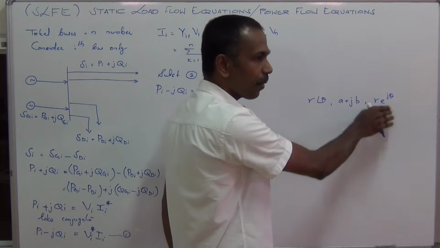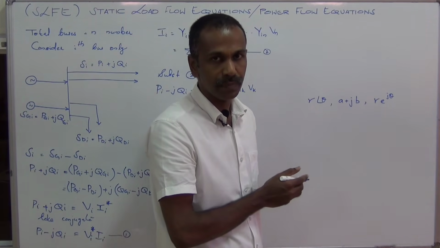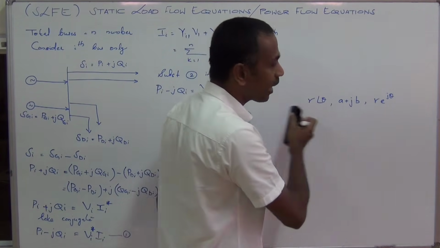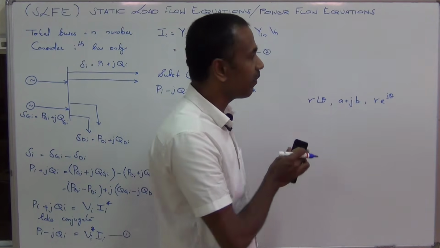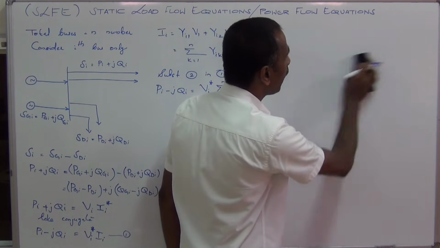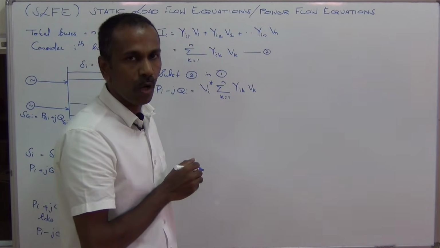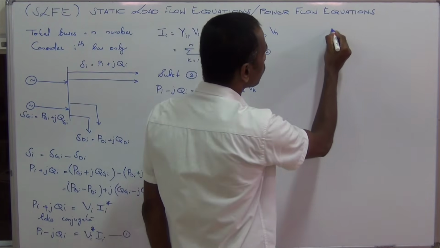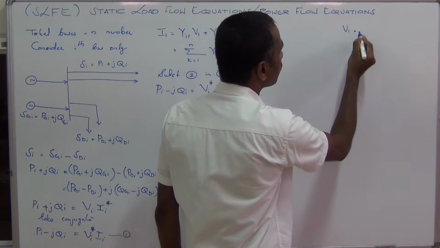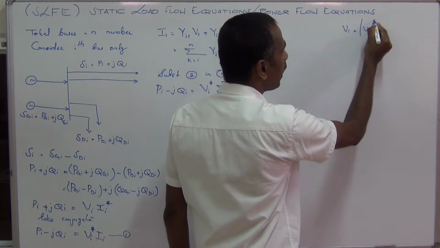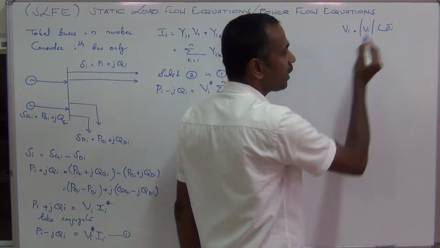So all these are representing the same vector. These are the different forms of representation of the vectors. Now let us write these vectors in the r theta form, or the polar form. So Vi can be written as the magnitude Vi angle delta i.